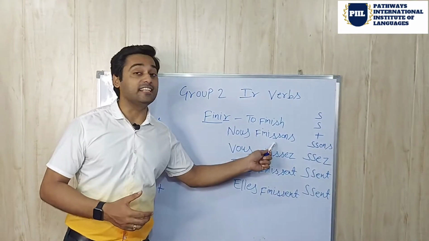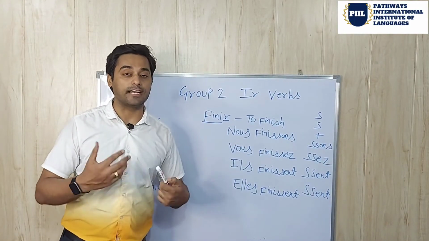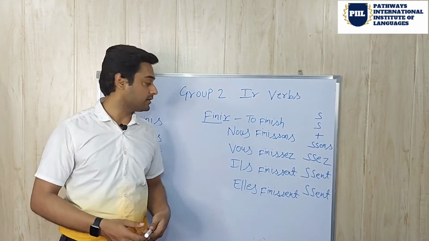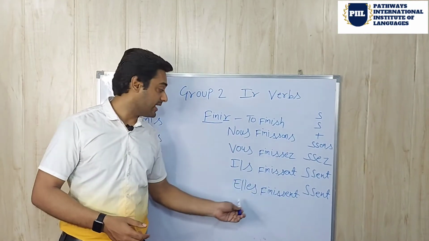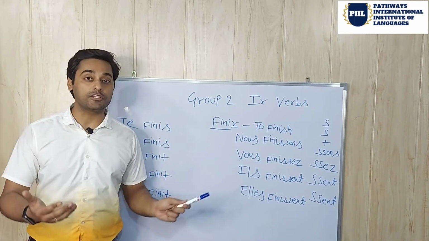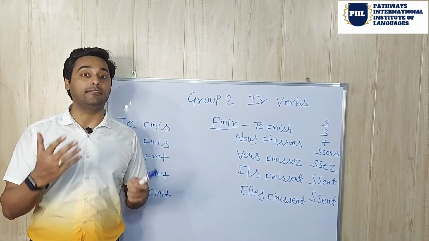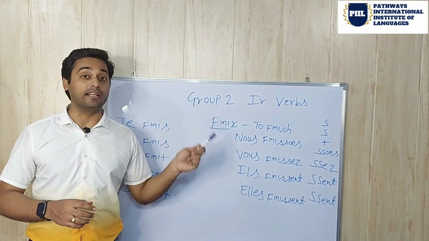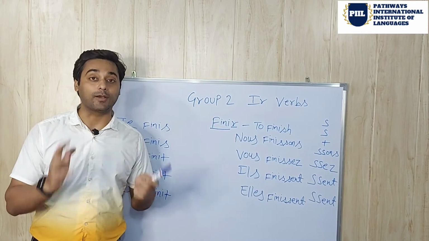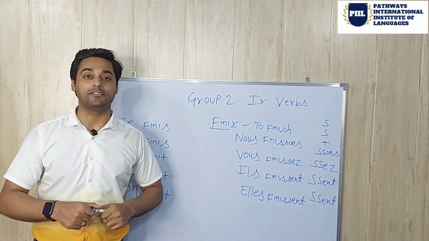Then nous finissons, we finish; vous finissez, you finish; ils finissent, elles finissent, they finish. So this is the conjugation of a regular IR ending verb in French. By following this rule, you can easily conjugate any regular IR ending verb in French.